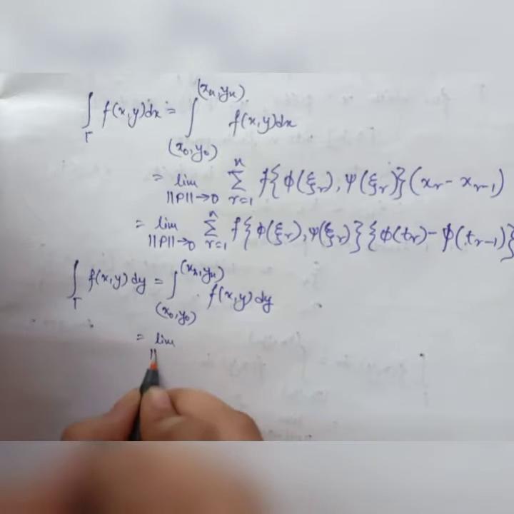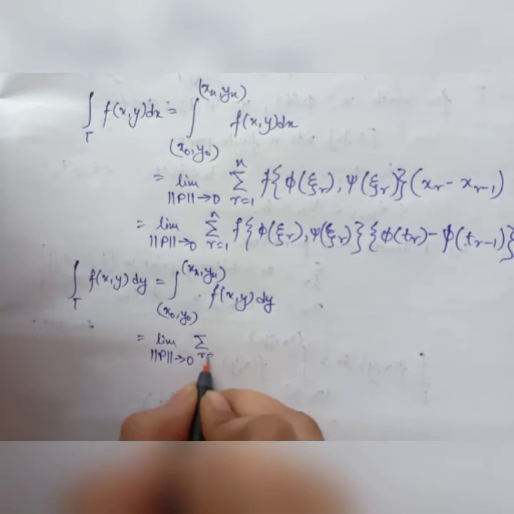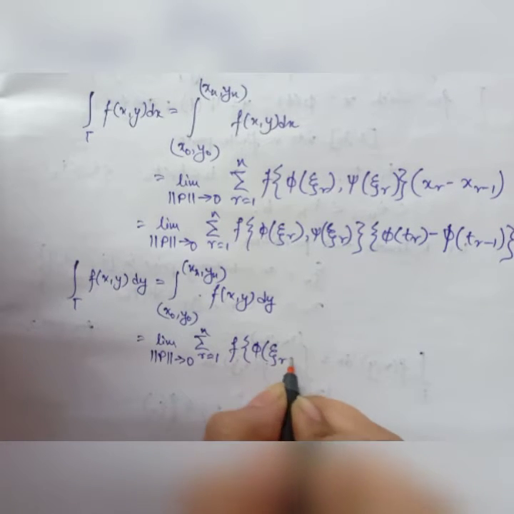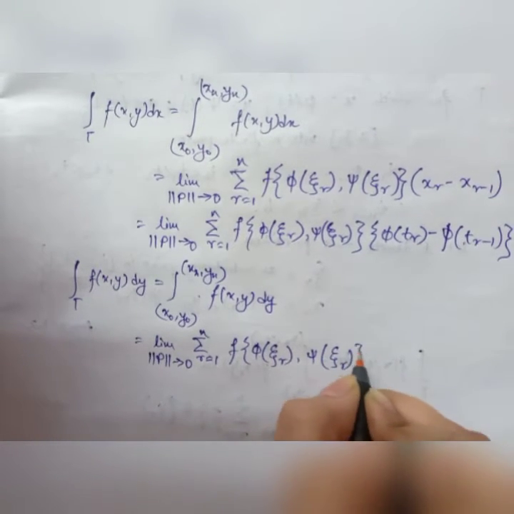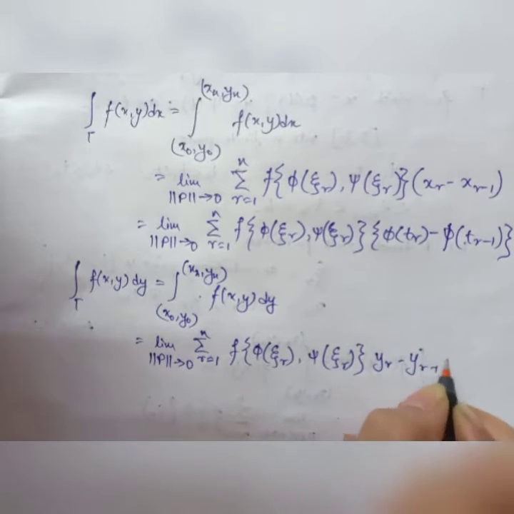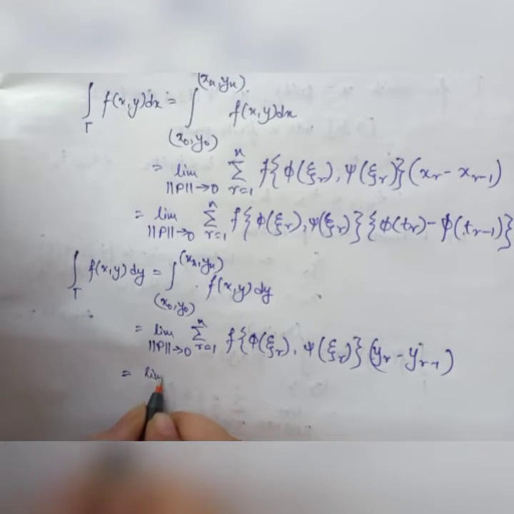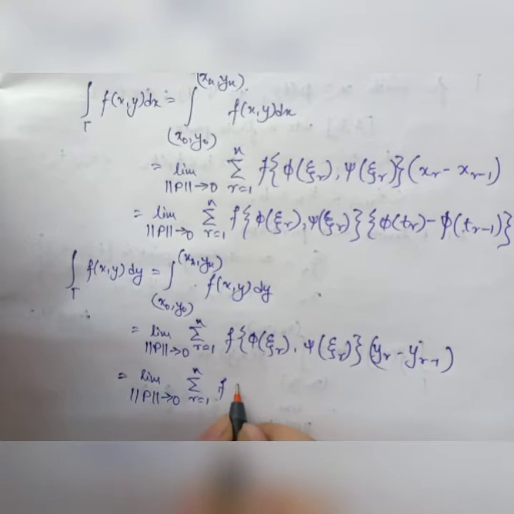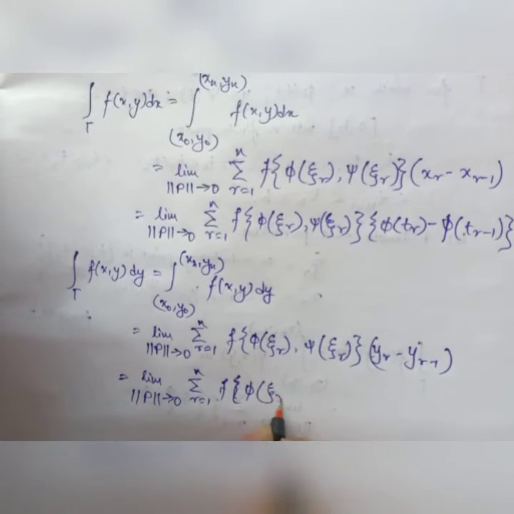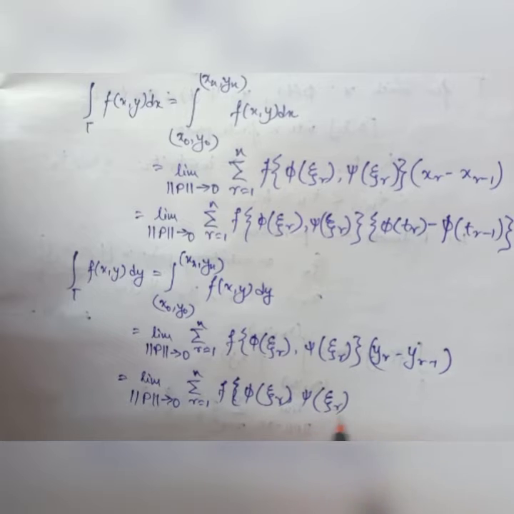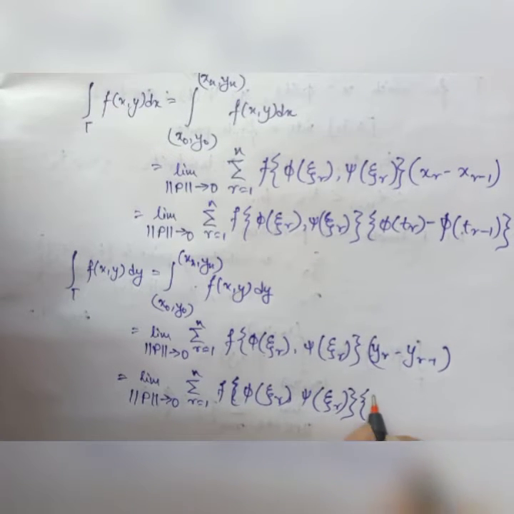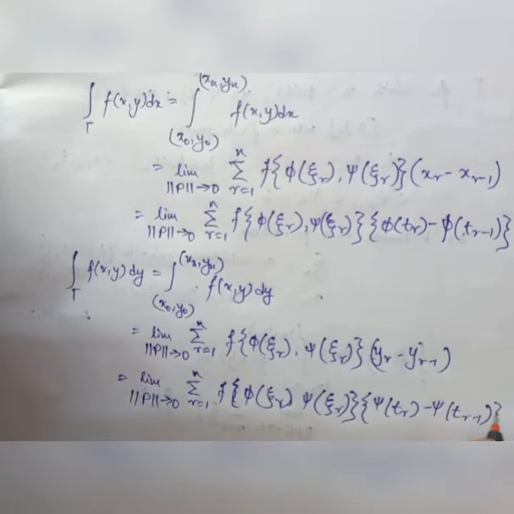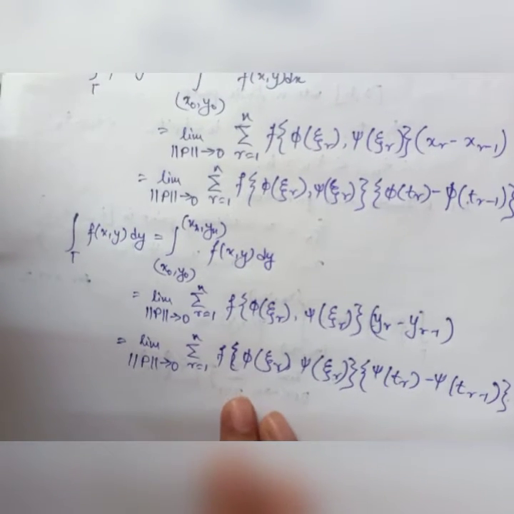This equals limit summation of r equals 1 to n f of phi of xi r psi of xi r and yr minus 1, which gives us limit summation r equals 1 to n f of phi of xi r psi of xi r, and substituting we get psi of tr minus psi of tr minus 1, provided the defining limits exist.